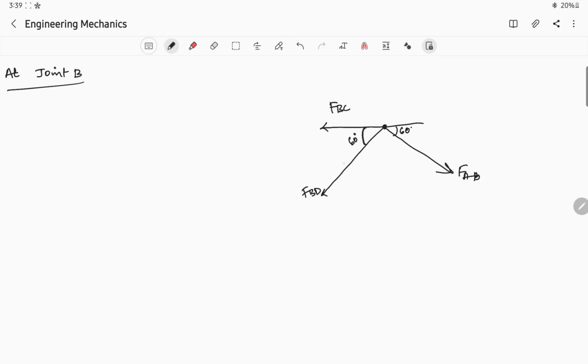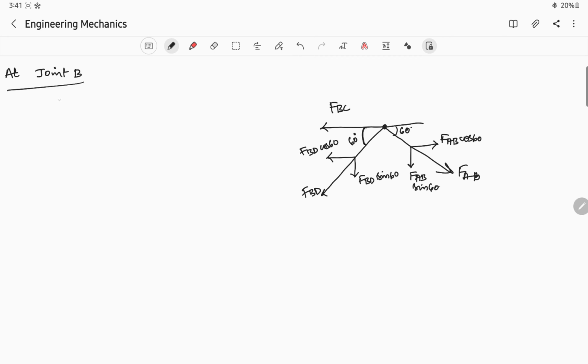Now we must have two components, FBD cos 60 and FBD sin 60. Here also we have an inclined force, so we'll have FAB cos 60 and FAB sin 60.